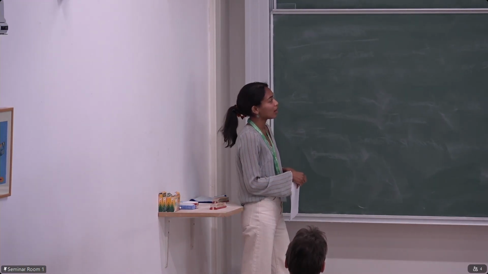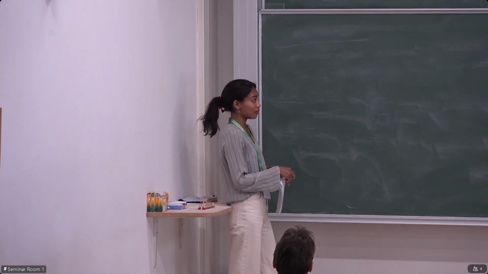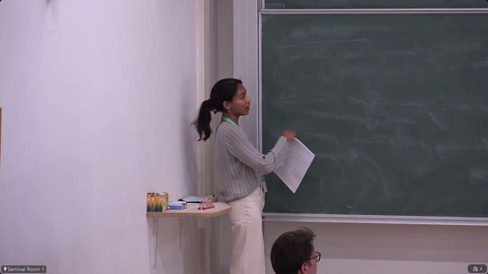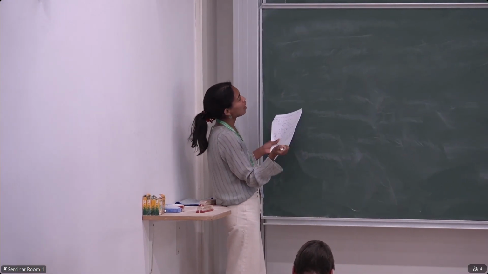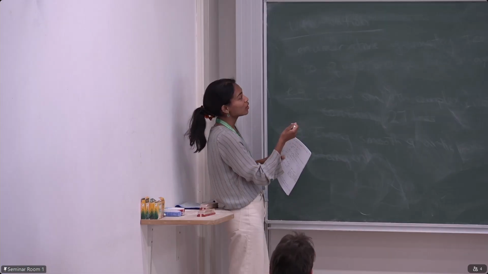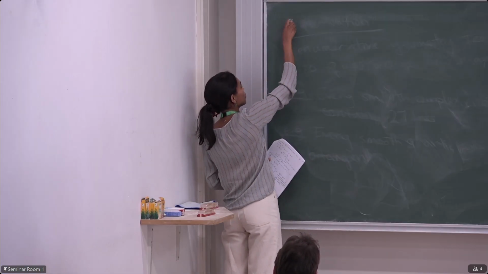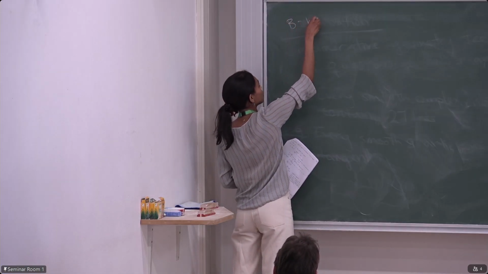Okay, let's do new stuff. So I'm going to define an equivariant degree for maps between G-manifolds that aren't spheres. This is due to myself and Kirsten Mickelgren.